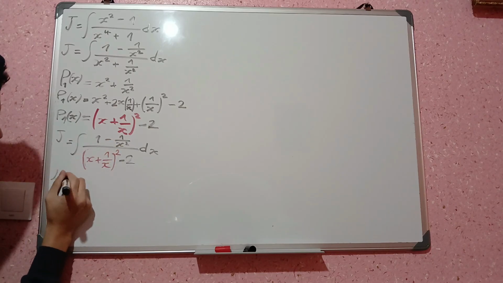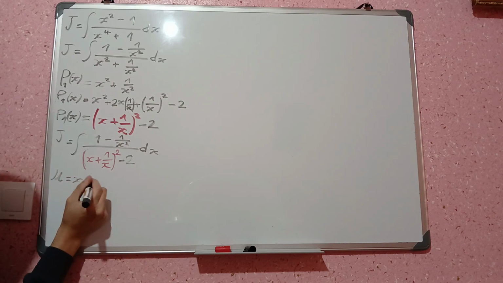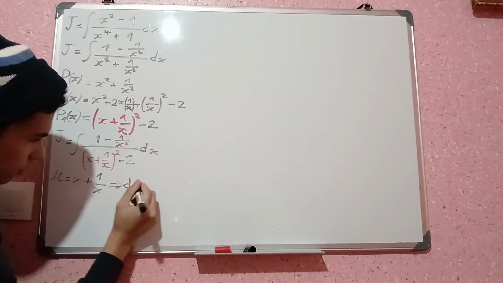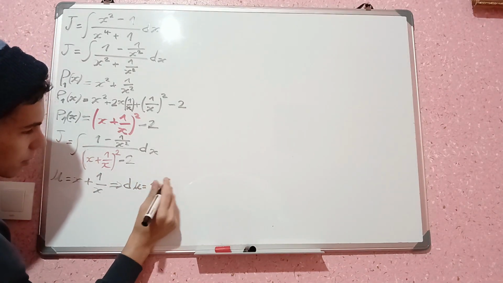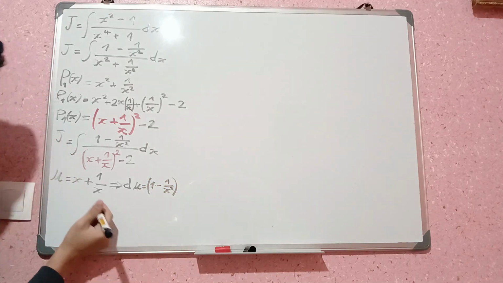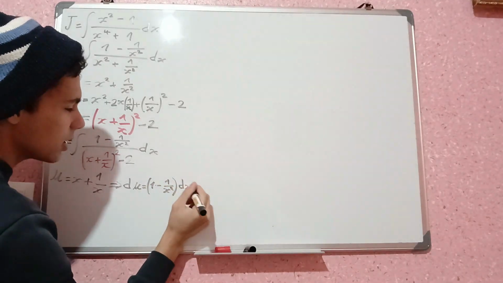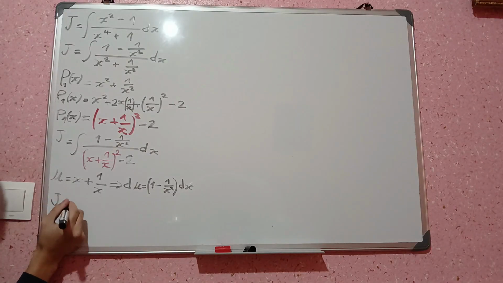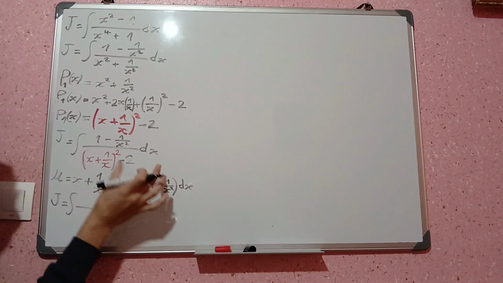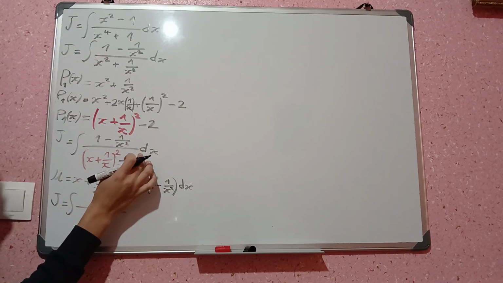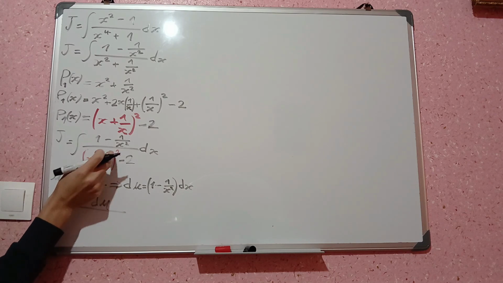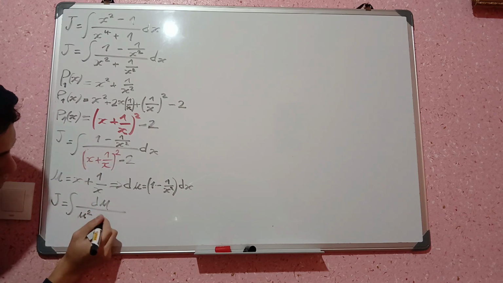Let u equal x plus 1 over x, so that du will be equal to 1 minus 1 over x squared multiplied by dx. So g will equal the integral, where 1 minus 1 over x squared dx becomes du, over u squared minus 2.